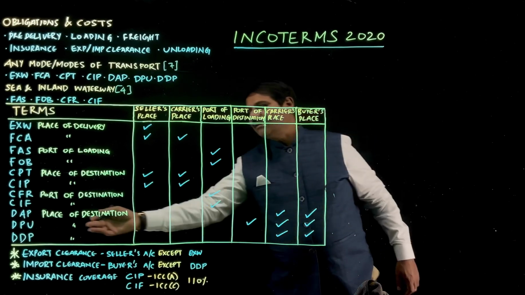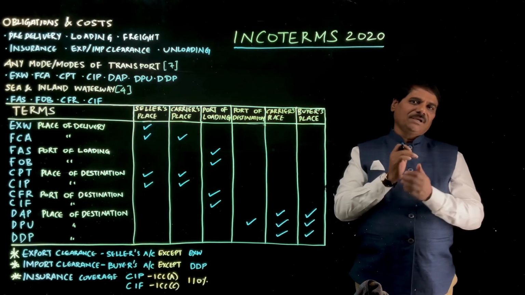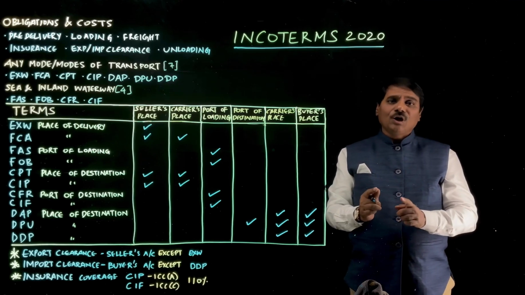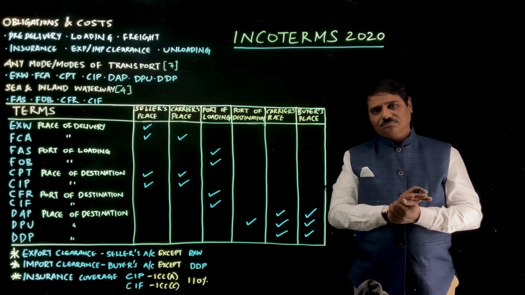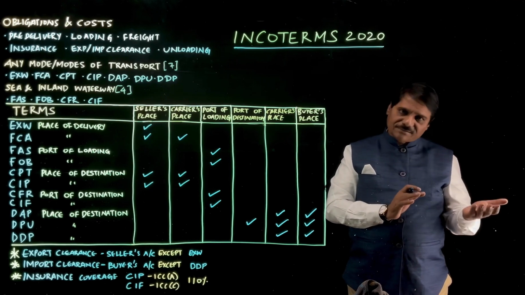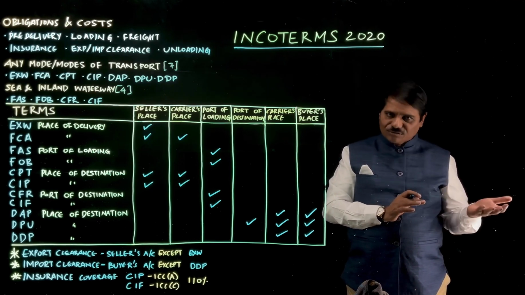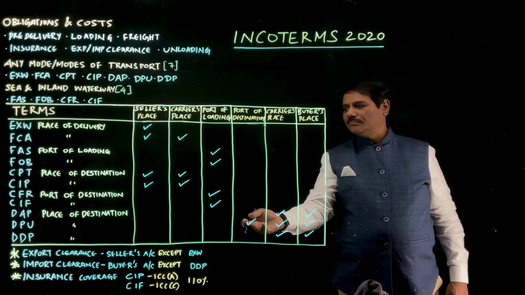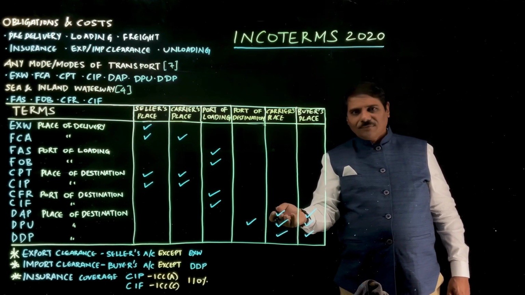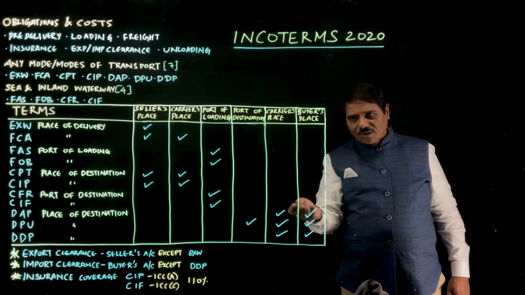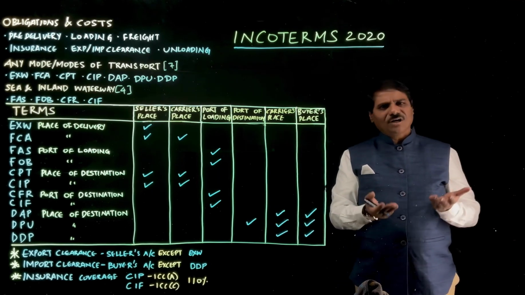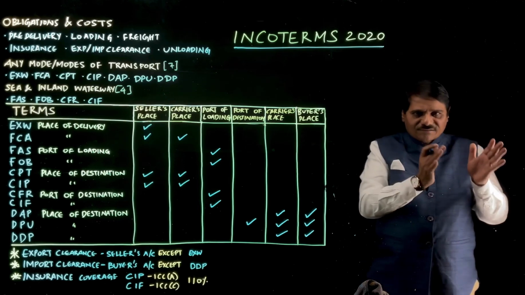So that is the reason, if you use the DPU, it means seller is responsible to unload the goods at buyer's country at a specified place. That place could be either port or carrier's place or buyer's place. Any place, whatever you specify in the buyer's country.